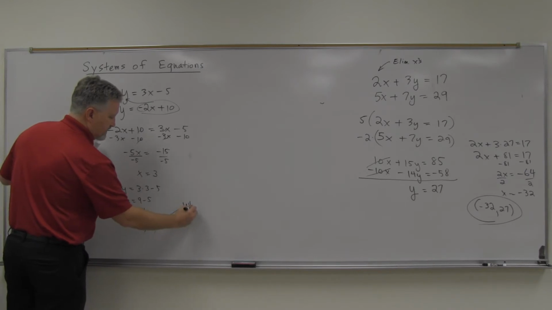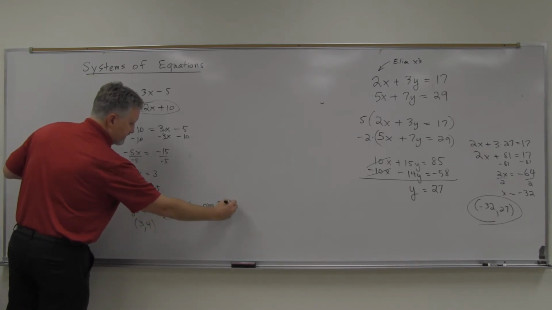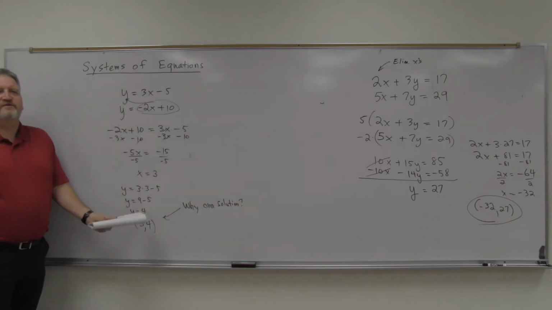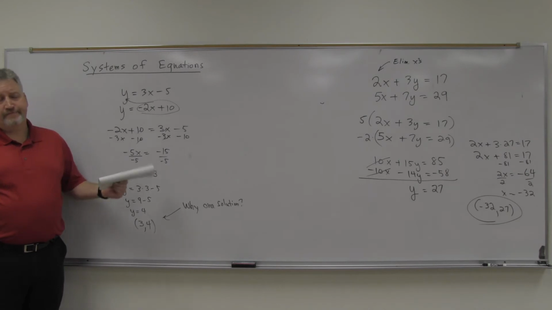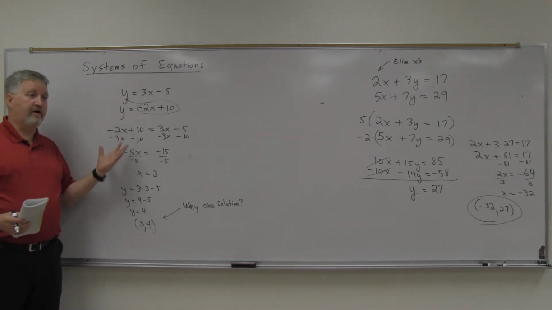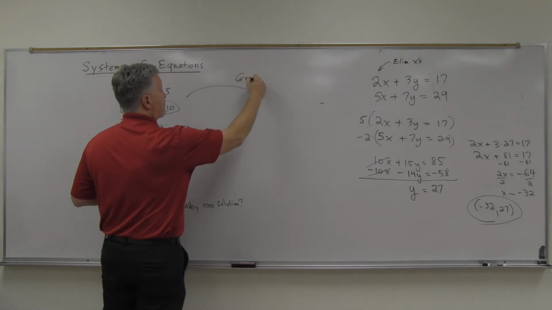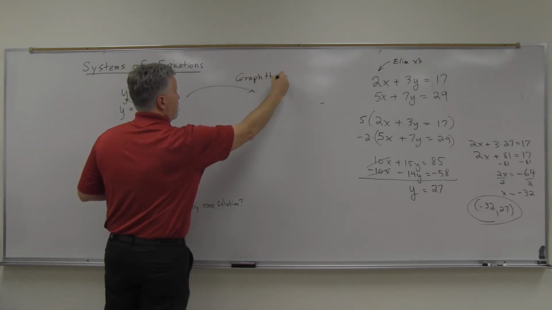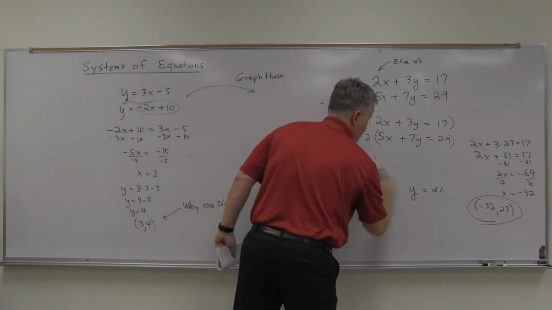So yeah, the question I want us to consider here is, why is there just one solution? Well, one way we can answer that is the graph. Look at the graphs. Both of these are lines, and so we graph those lines.